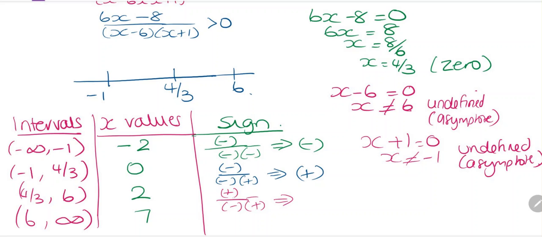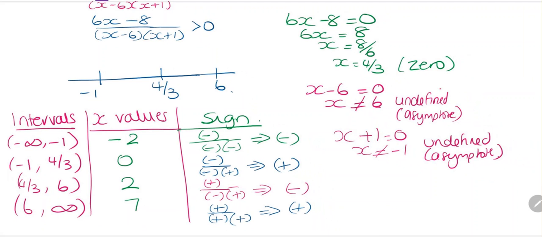So a positive divided by a negative, that is going to be a negative. And then if we substitute in a 7, 6 times 7, 42 minus 8, so that is going to be positive. And then 7 minus 6 will be positive, and 7 plus 1 will be positive. So the outcome will be positive.